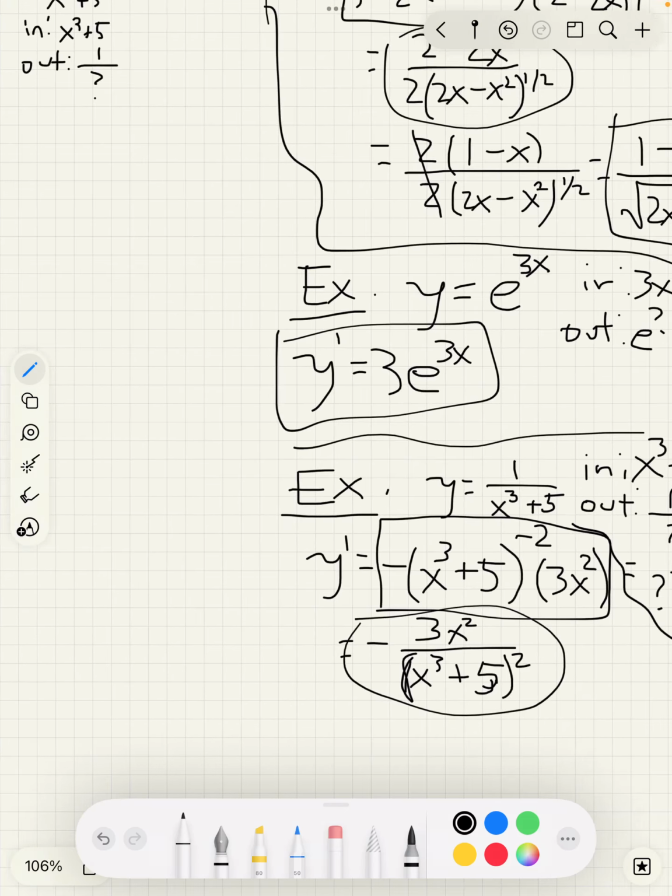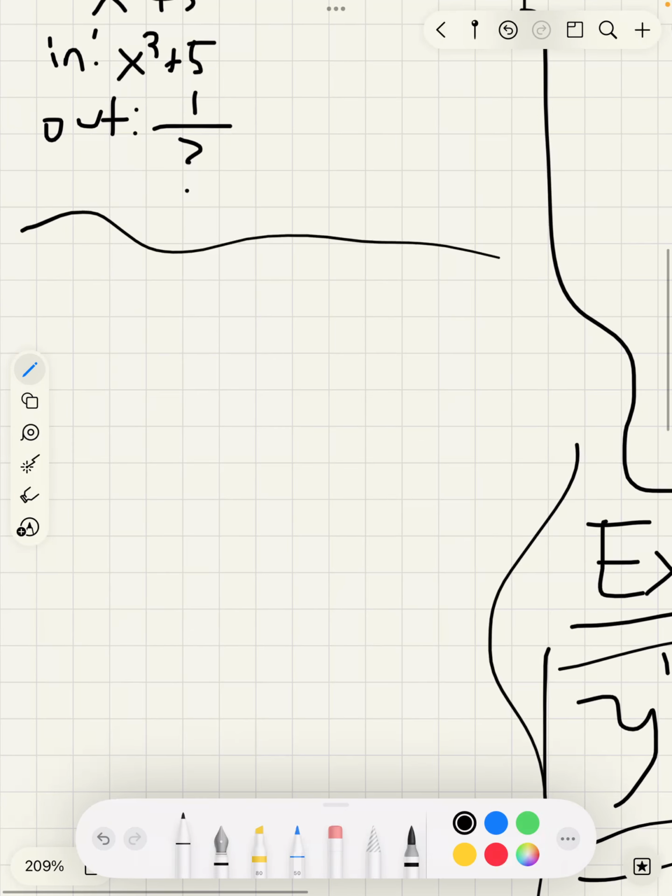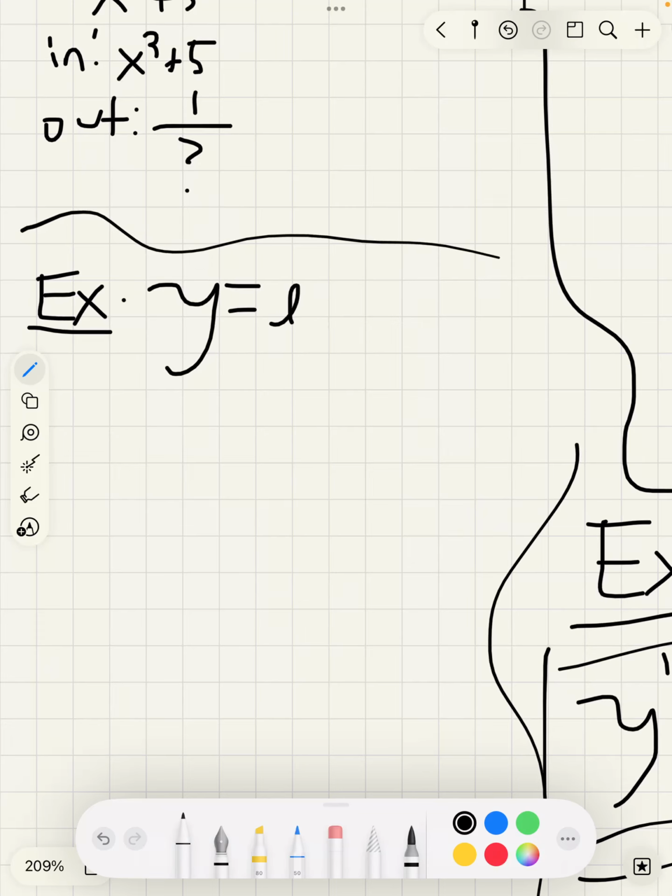And one last one for fun, because it's a pretty quintessential one that will pop up again later. Let's say that I want to find the derivative of y equals the natural log of, let's go with cosine of x.